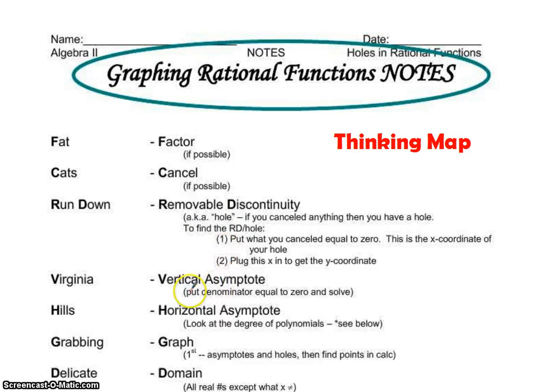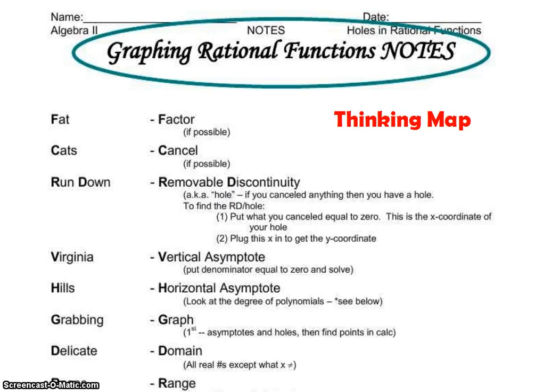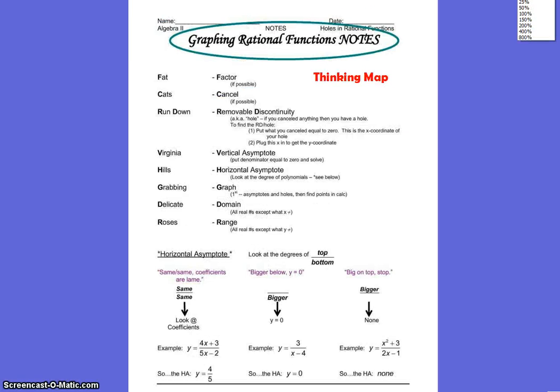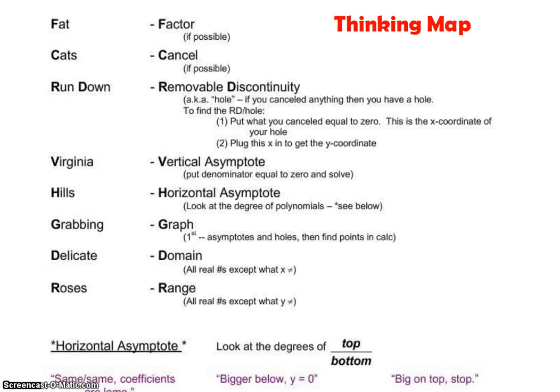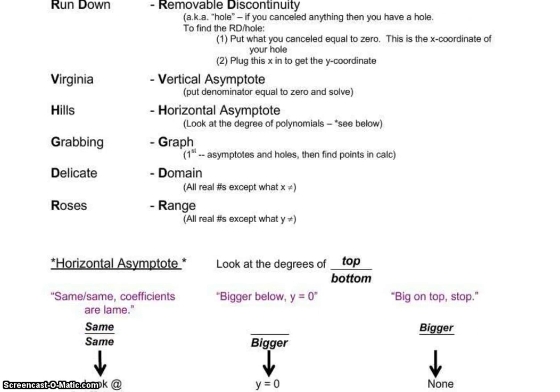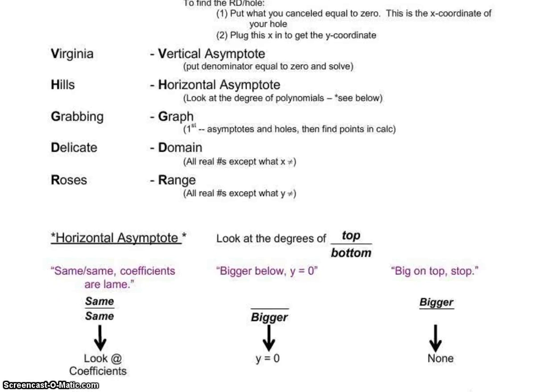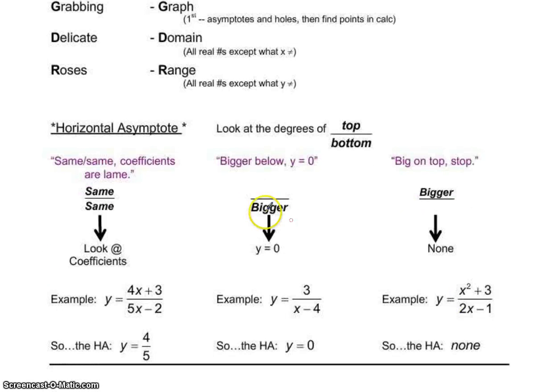After you deal with holes, then you look for a vertical asymptote. Then you look for a horizontal asymptote. Then you're going to look at your graph. Your domain and range can be figured from the graph, or use your asymptotes and your holes. The bottom of this page is a reminder that for the horizontal asymptote, you look at the degrees.